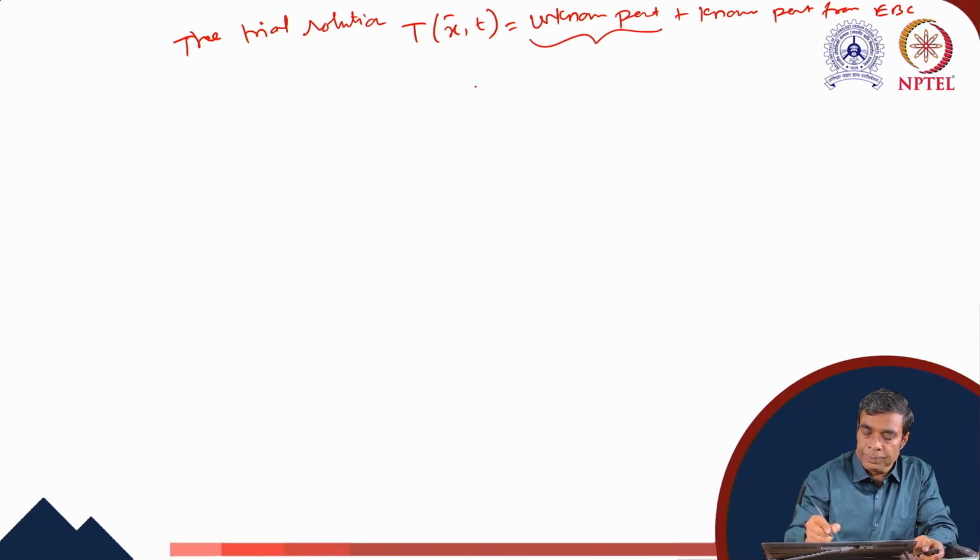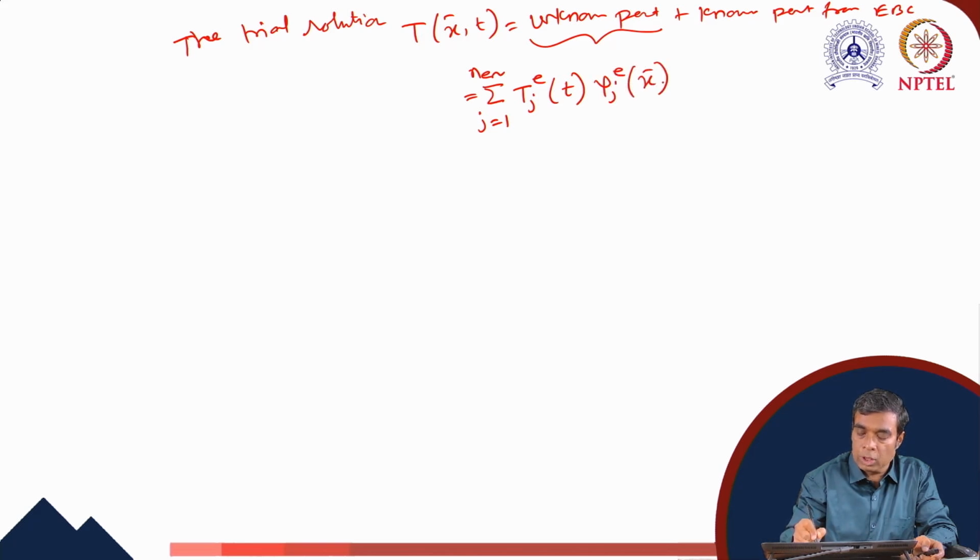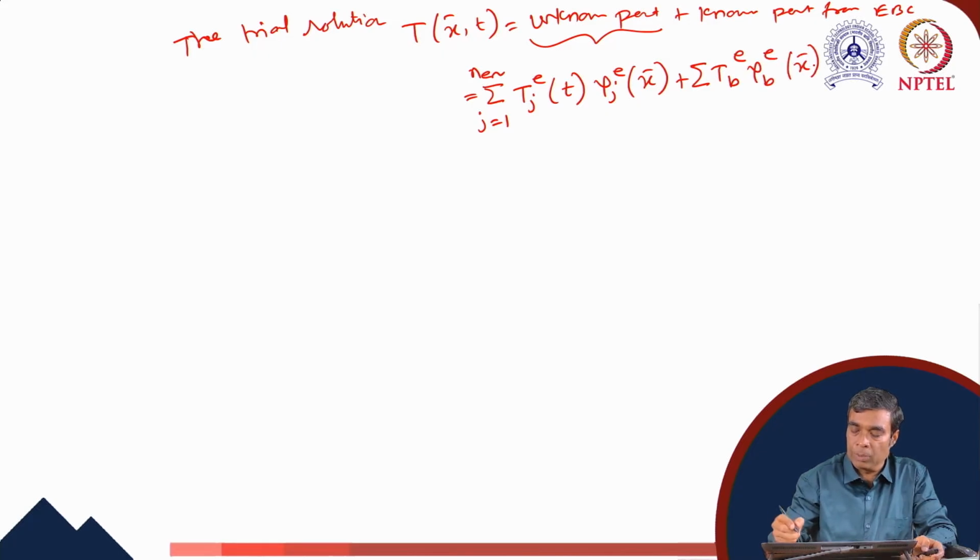This unknown part is given as summation over j varying from 1 to number of nodes per element, TJE, a function of time only, into psi JE, a function of space only, plus summation of TBE psi BE. Psi BE is a function of space only. Here B belongs to eta g. So this is the EBC contribution.